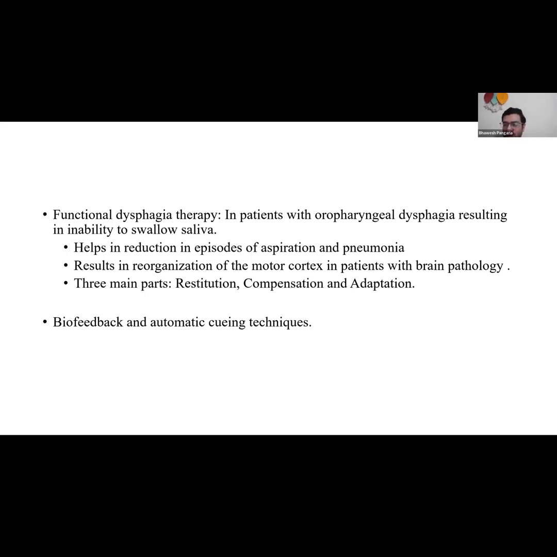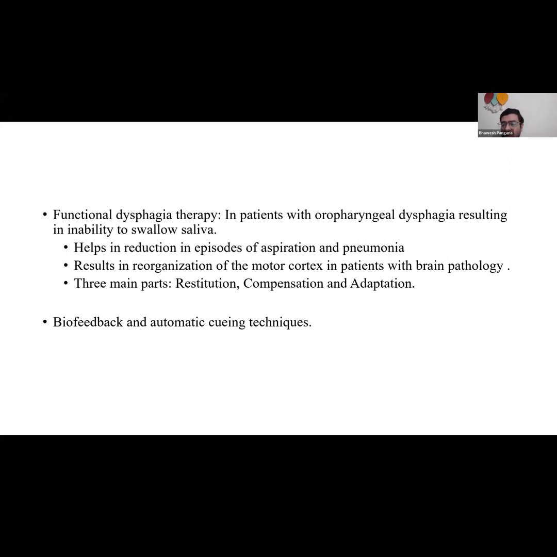At that point of time, the movement of each part, like the oral phase and the pharyngeal phase of swallowing, is monitored, and the abnormalities are recorded. By that we can assess and compensate the abnormal reflex, which can be corrected especially by any exercise or the neurosensory modulation which has already been discussed.